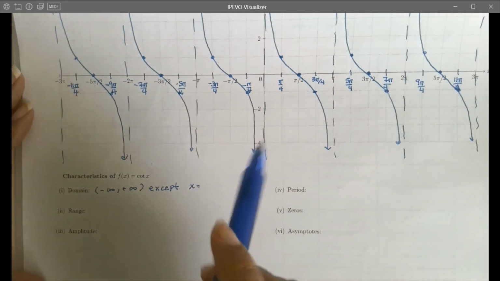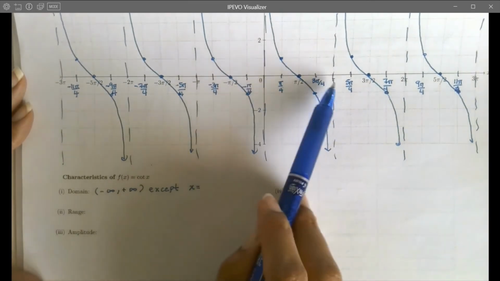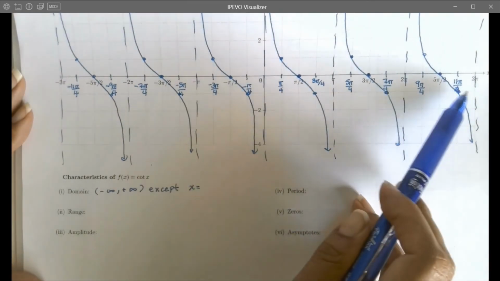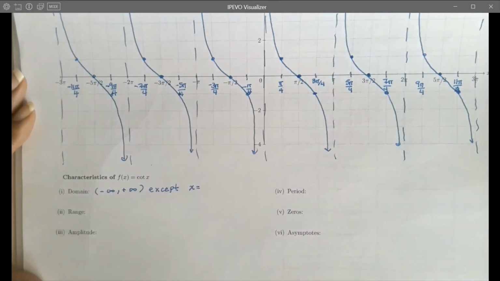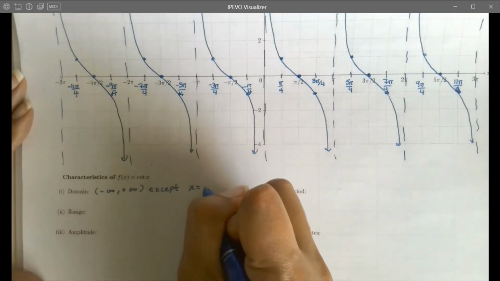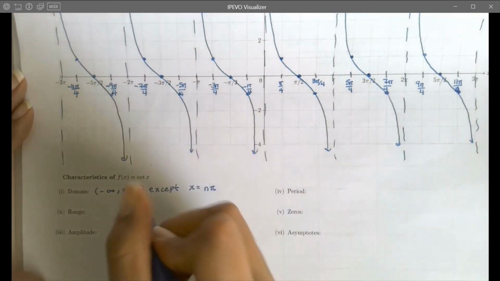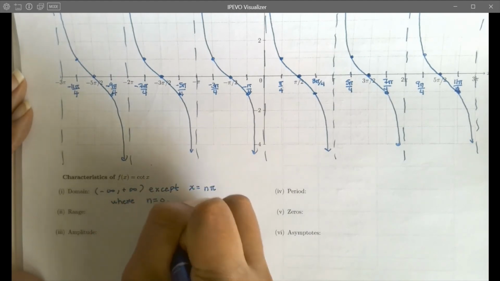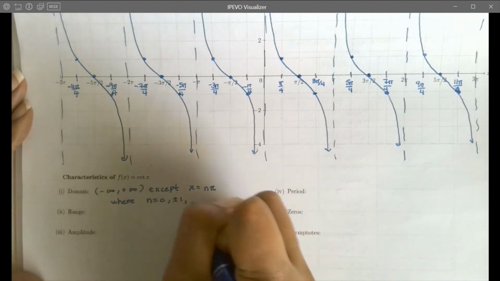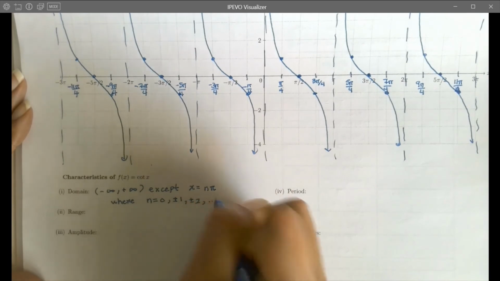Well, now they're happening at 0, pi, 2 pi, 3 pi, -pi, -2 pi, basically any multiple of pi. So they happen at n pi, where n is any integer 0, plus or minus 1, plus or minus 2, so on and so forth.